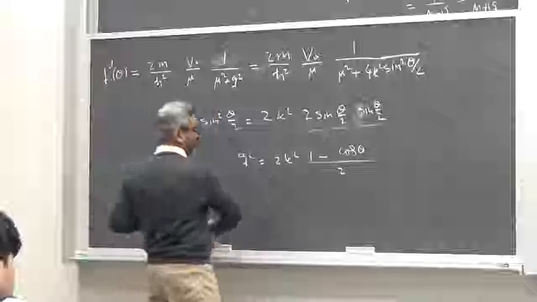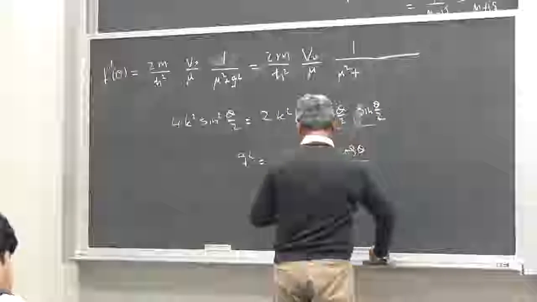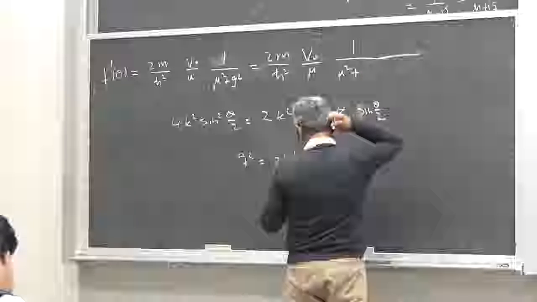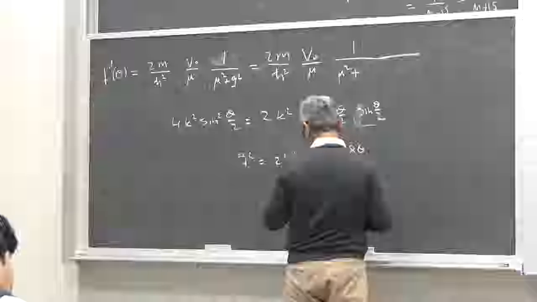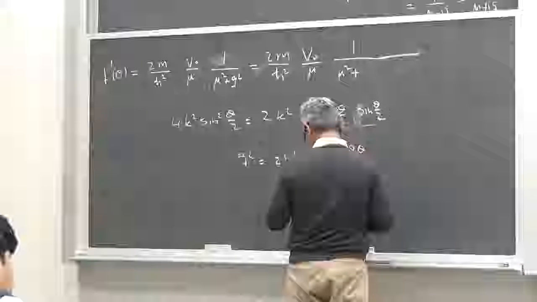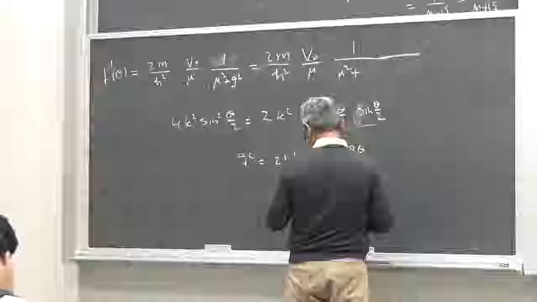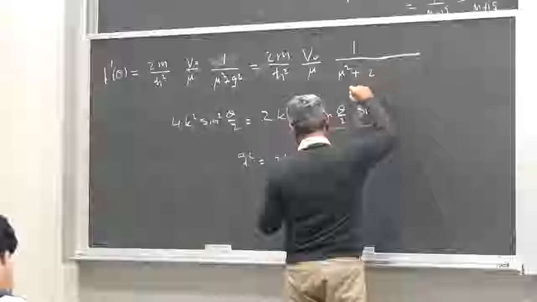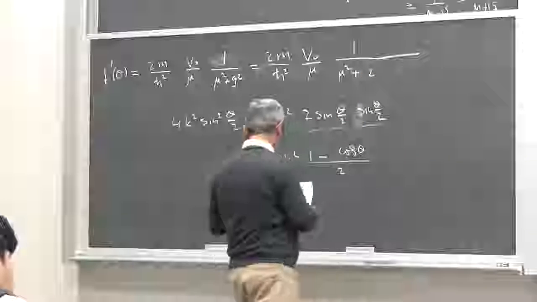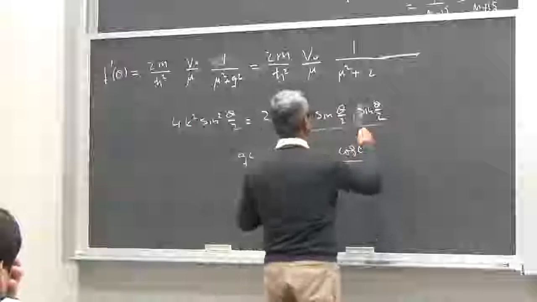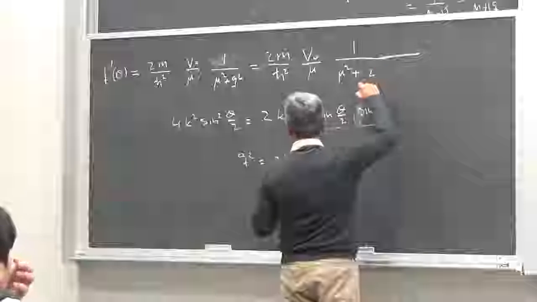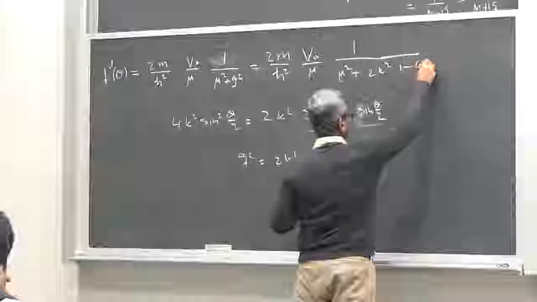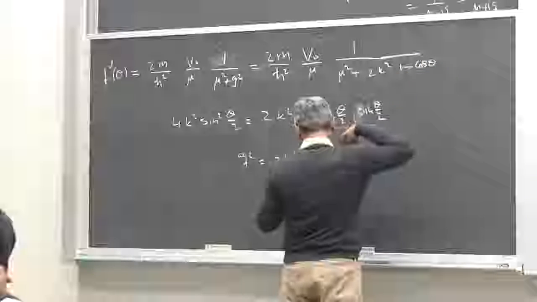So if you want, you can just replace this thing with mu squared plus 2k squared times 1 minus cos theta, and this 2 goes away, right?